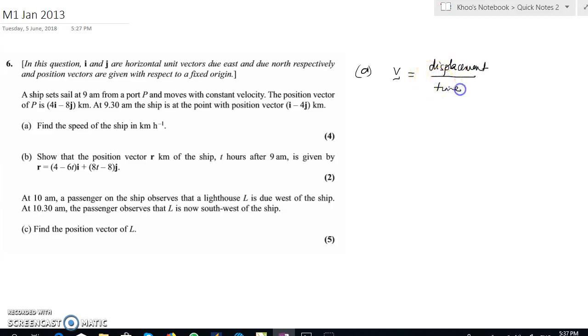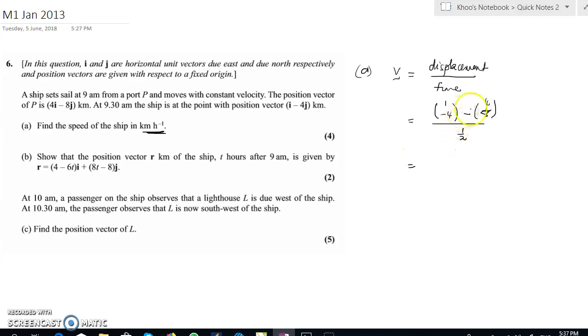So in order to know how far the particle has moved, how much it has displaced from this position to this position, we take the final position, i minus 4j, minus the initial position, and that will give us the displacement. Over the time. Now here we are interested in kilometres per hour, so be very wary of the units required. Since it's half an hour later, this will be over half an hour.